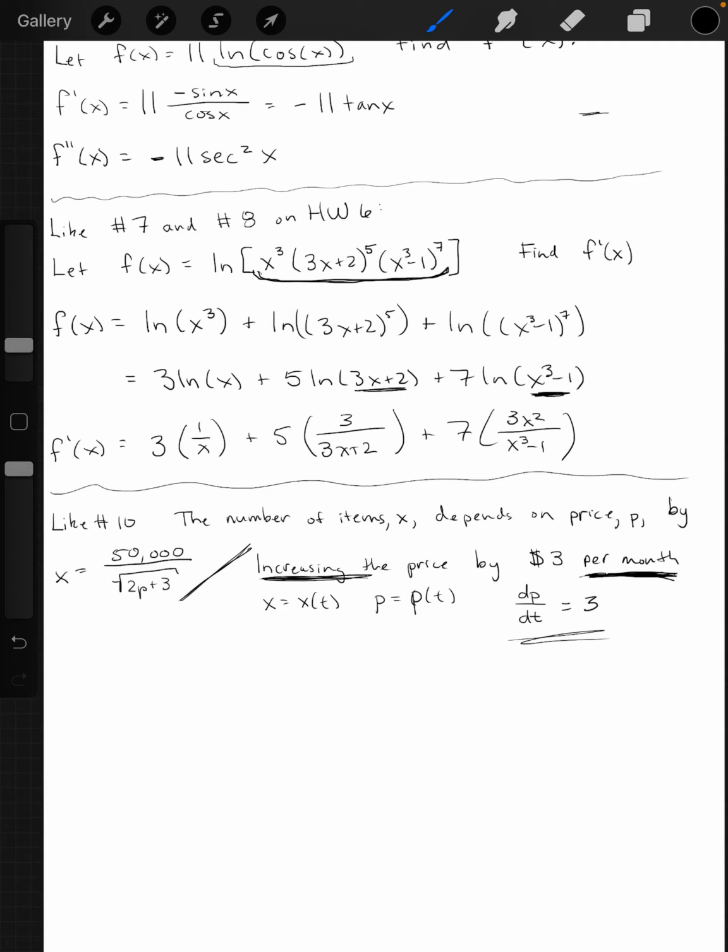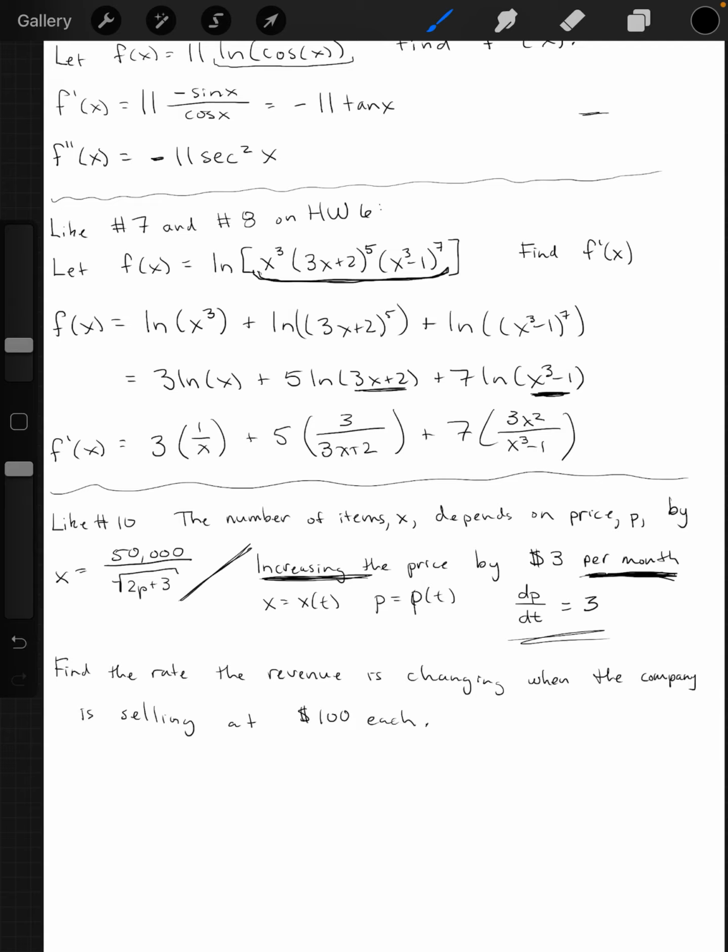And then the last sentence, this is important, is the one that actually asks the question: find the rate the revenue is changing when the company is selling at $100 each.